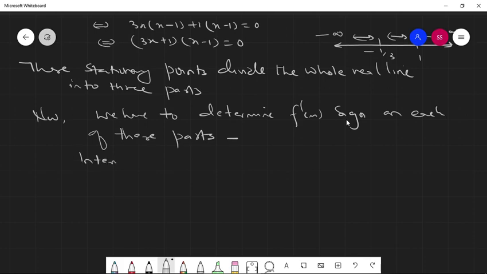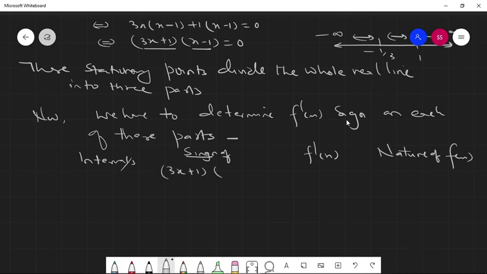Here intervals, here sign of f dash x and nature of f of x. Yeah, one factor is 3x plus 1, another is x minus 1. The first interval is minus infinity to minus 1 over 3.